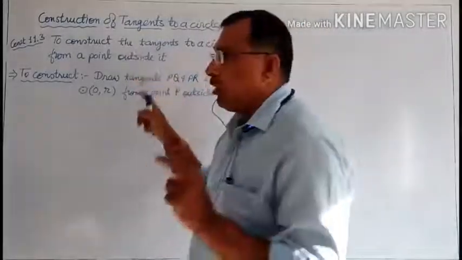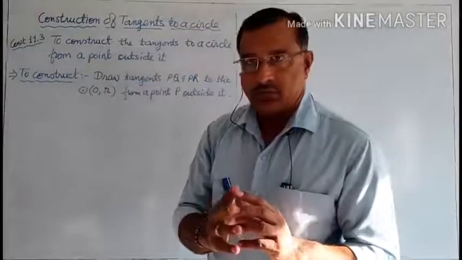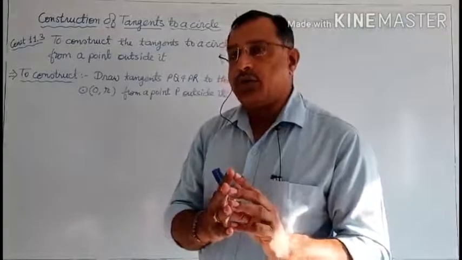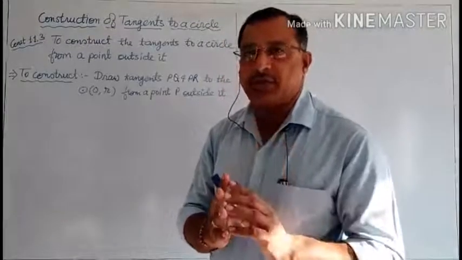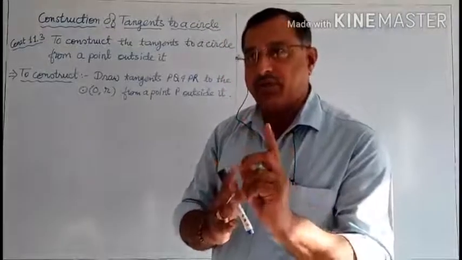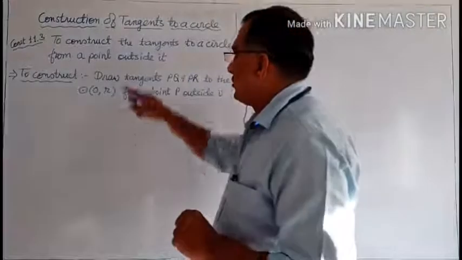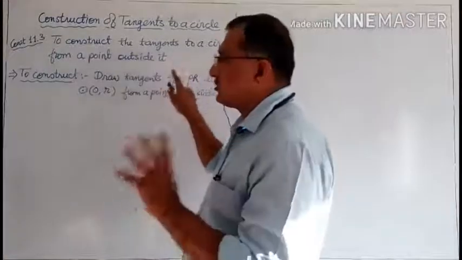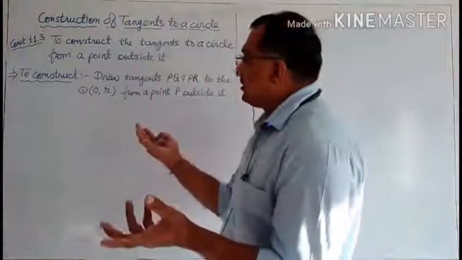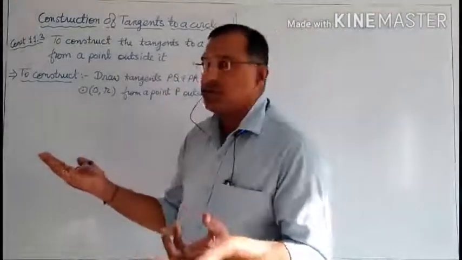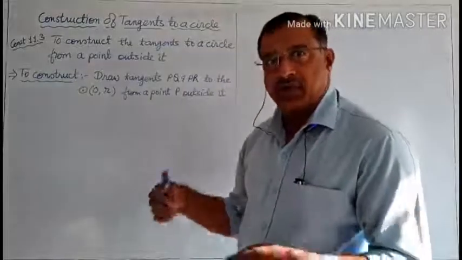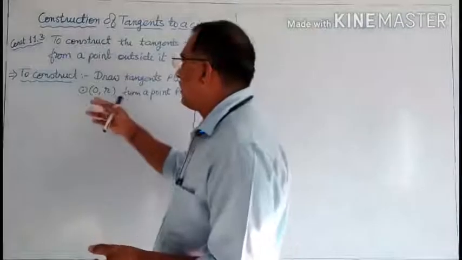So how many tangents can be drawn to a circle? At most two tangents can be drawn to a circle from a point outside the circle. So here we construct the tangents to a circle from a point outside it. They may give measurements for the radius of the circle and the distance of the point, but here measurements are not given. We will see such examples afterwards.